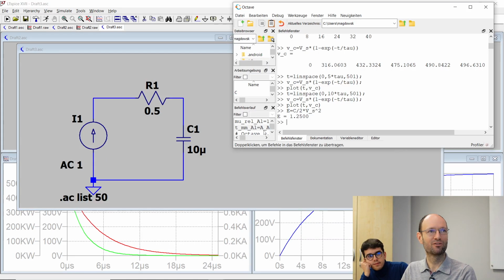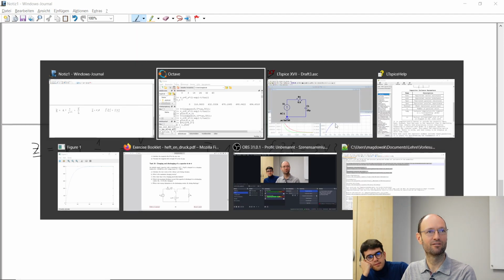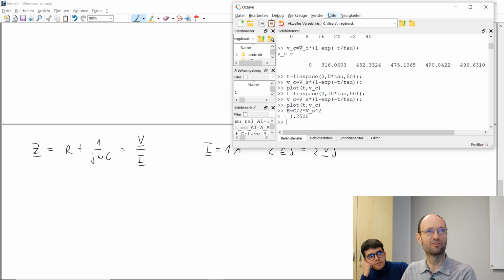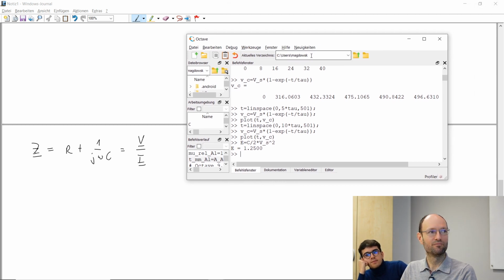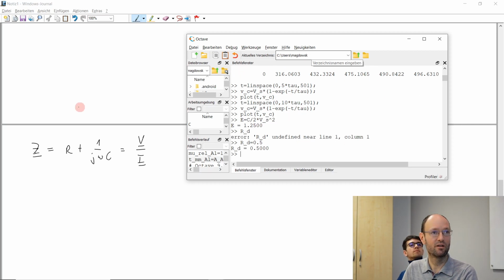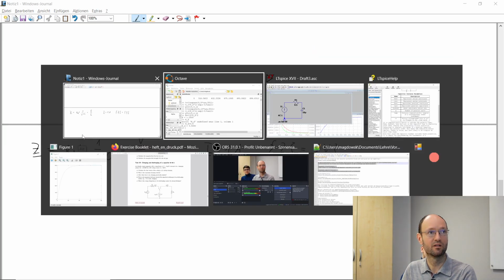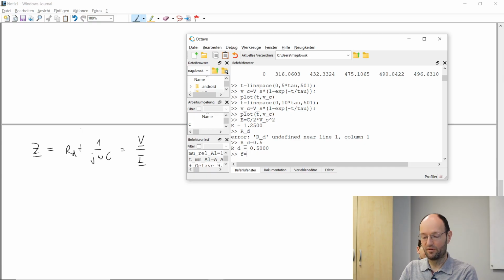So if we go back to Octave, and if I maybe switch over to this, our discharge, we don't have this yet, was 0.5, right? If we do it for the discharging capacitor here, for a frequency of 50 Hertz, for example.